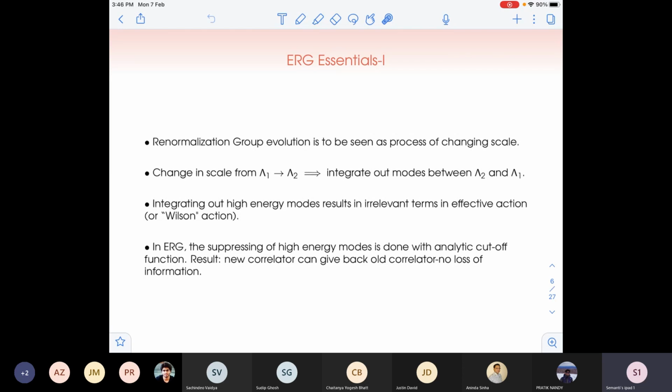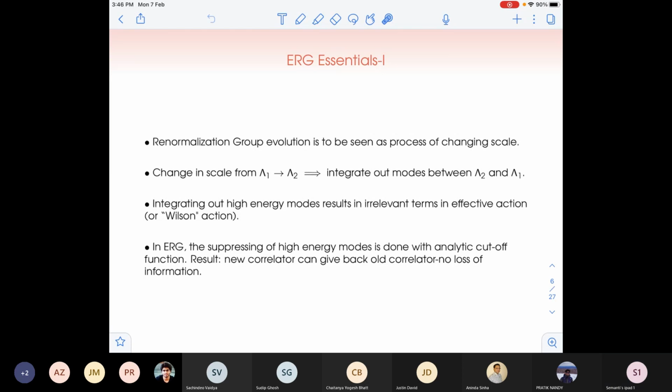And whenever you are changing scale from lambda naught to lambda, or here I have written lambda 1 to lambda 2, you will produce some non-trivial actions. These will also have irrelevant terms in the effective low energy action, which will be suppressed by the ratio lambda by lambda naught, or here lambda 2 by lambda 1. So whenever you take the continuum limit, those non-renormalizable or irrelevant terms will get suppressed.